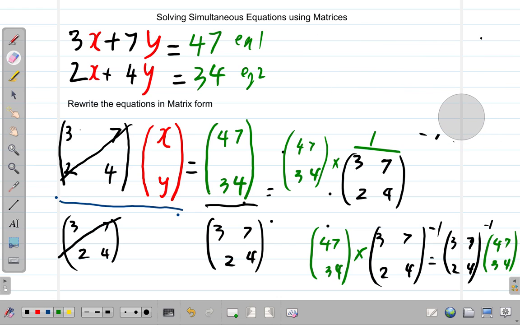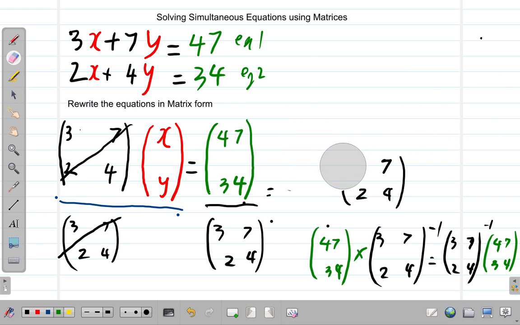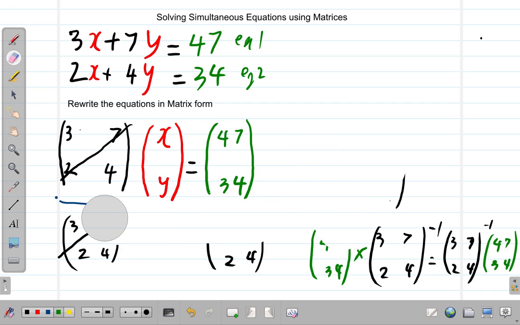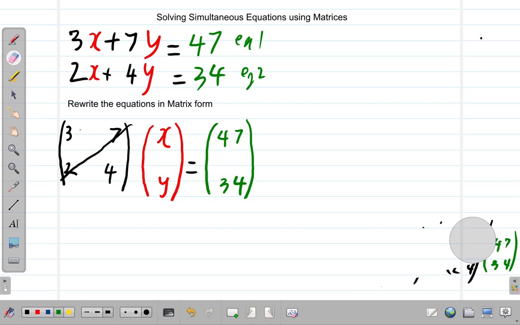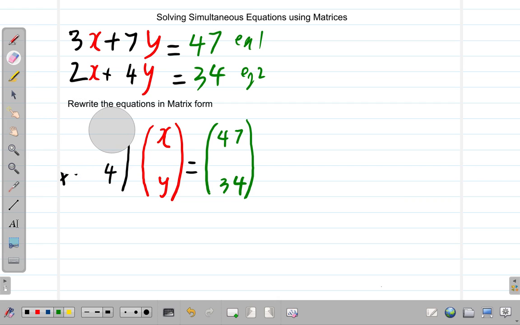Let's erase these things to make some space. So what we have is this and this. Let me be careful now. Erasing this. I erase all of these things. Let me erase this slash and put it back without the slash. So what I have here now is 3, 7, 2, 4.